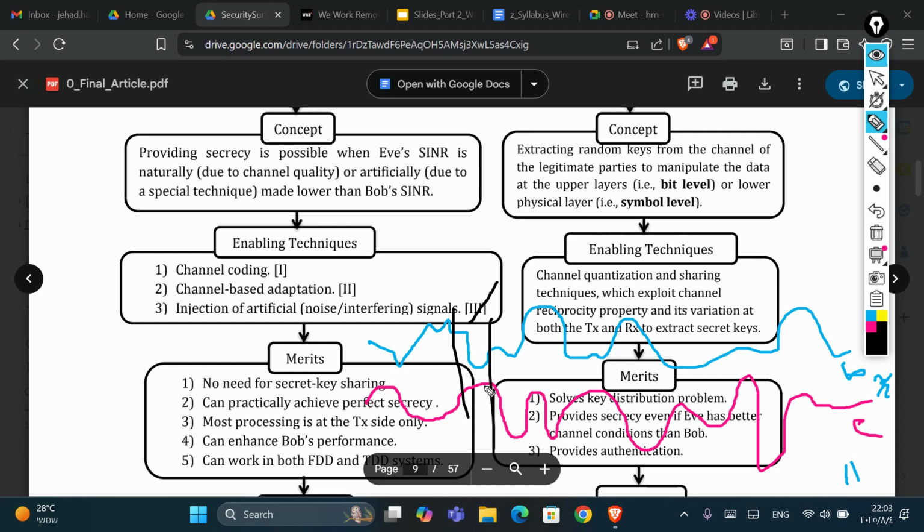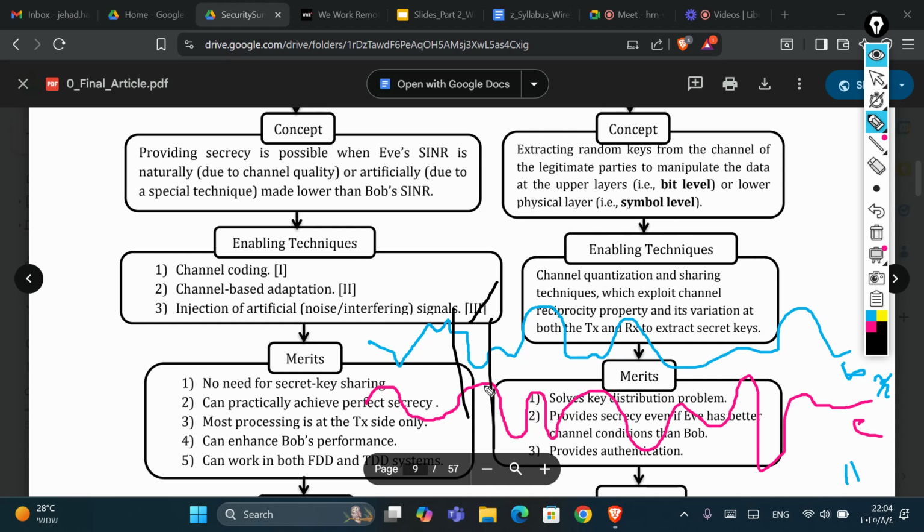The condition we need to achieve physical layer security is not satisfied here, because Eve's signal to noise ratio is stronger than that of Bob. So what can we do in this case?